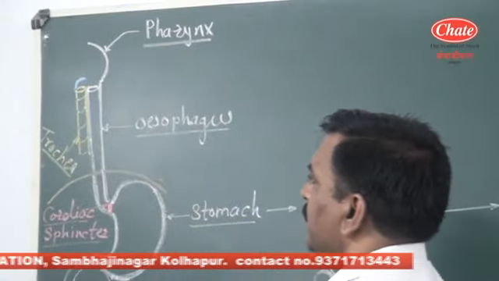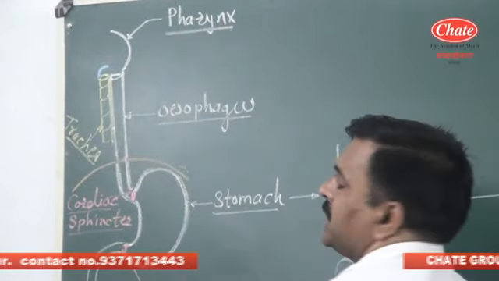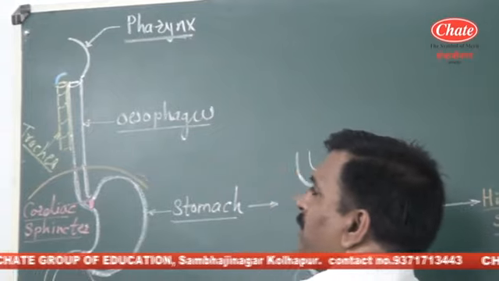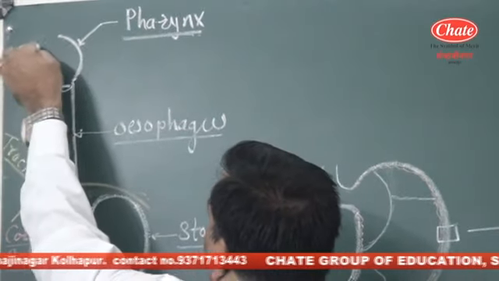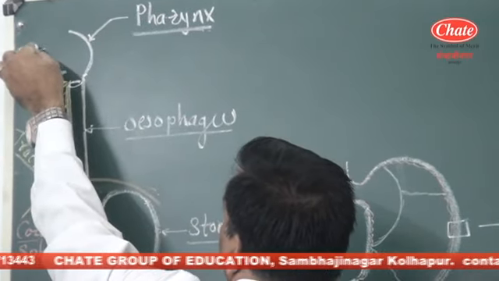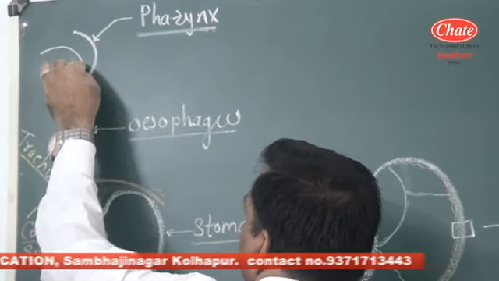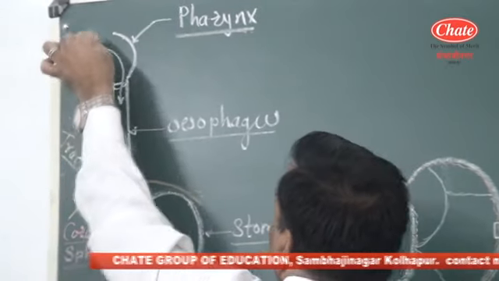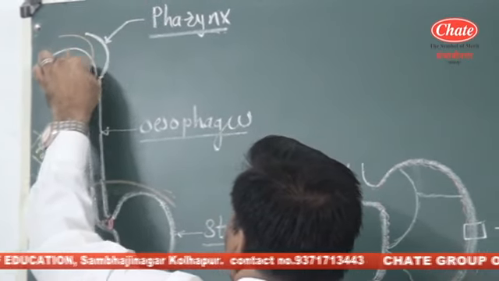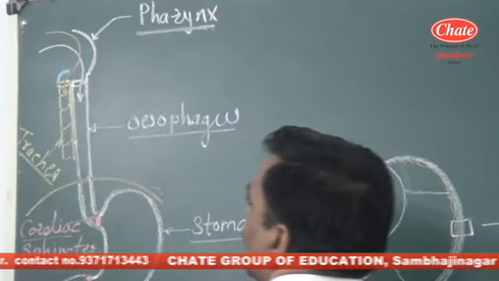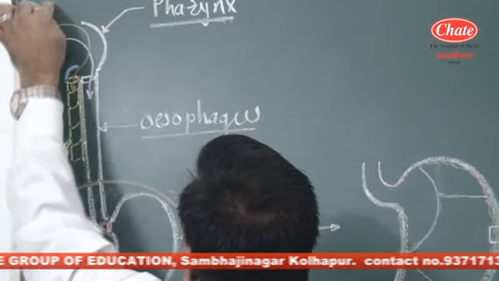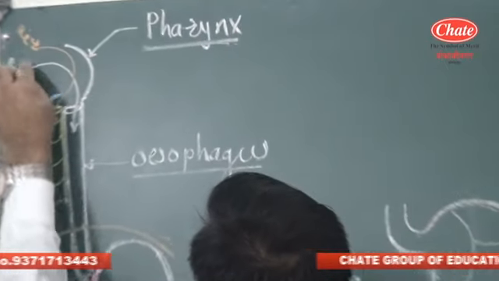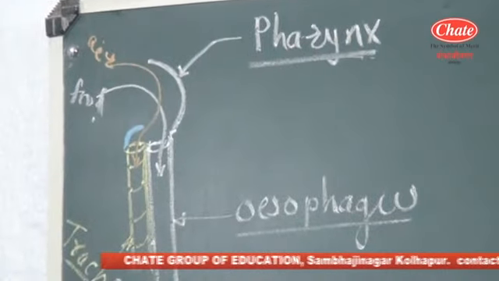After the mouth cavity, it leads into the part that is the pharynx. Pharynx is a common chamber between the alimentary canal and respiratory tract. Food from the anterior side enters into the esophagus, while the air from the nose enters into the trachea. So air can pass through the pharynx, while food can pass and enter into the esophagus.